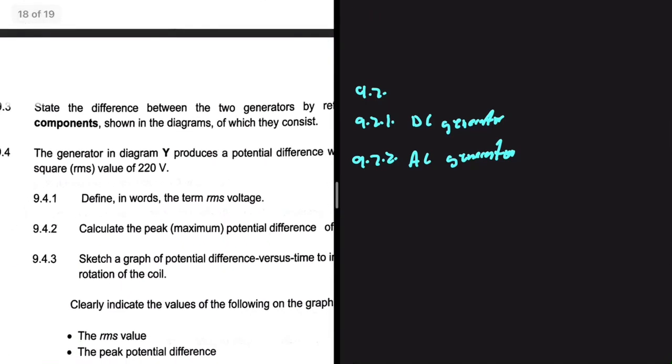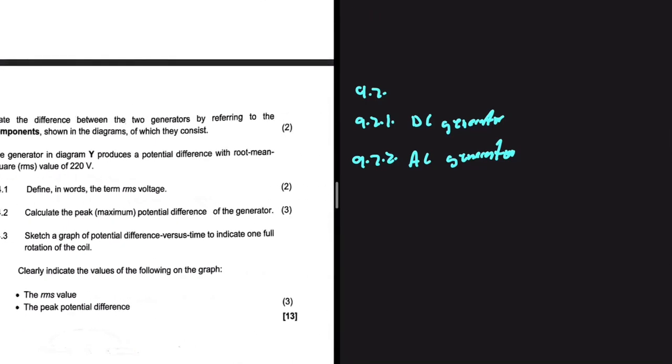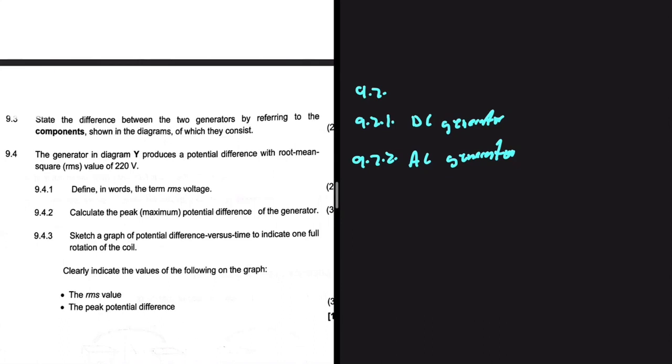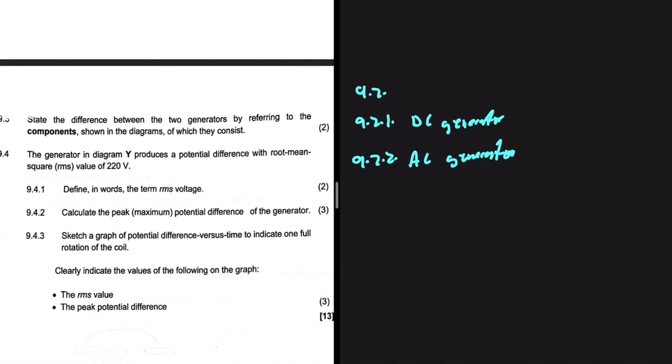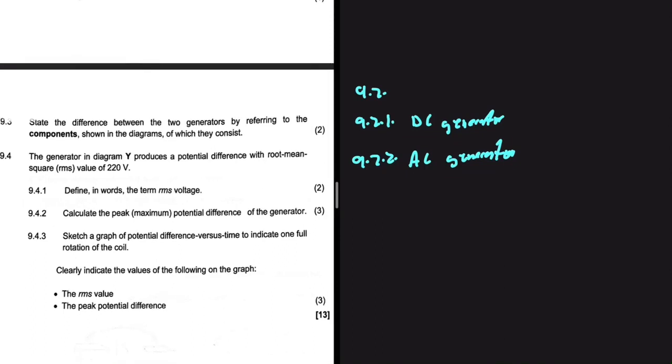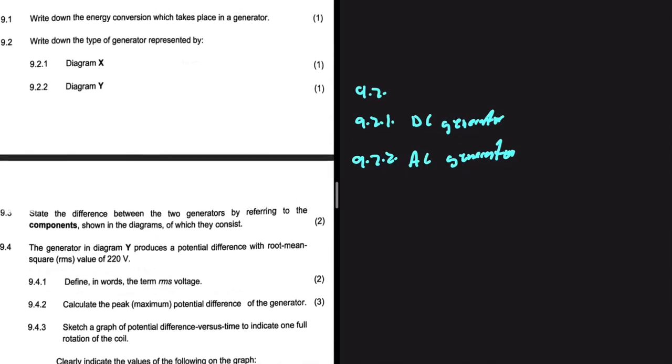Let's go ahead and look at 9.3. We're supposed to state the difference between the two generators by referring to the components shown in the diagram of which they consist. I mean, this is question 9.2 really, because how are you able to tell that diagram X is a DC generator? And how are you able to tell that diagram Y is an AC generator?